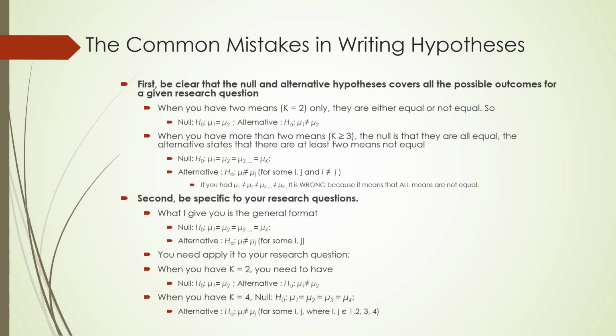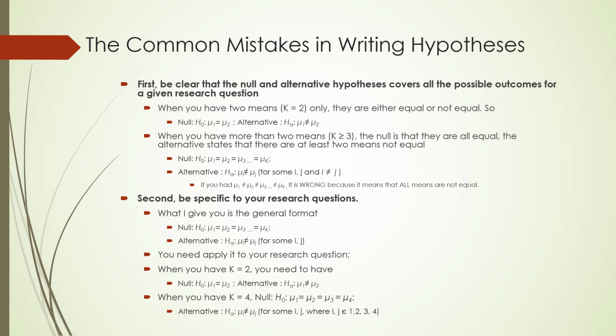For example, if the independent variable has 4 categories, you're comparing 4 means. The null hypothesis should be written as all 4 means are equal. Do not write it in a generic format like mu1 equals mu2 equals mu3 all the way to mu(k).